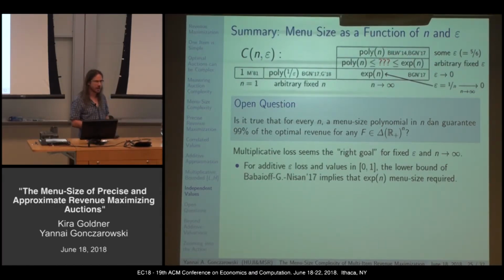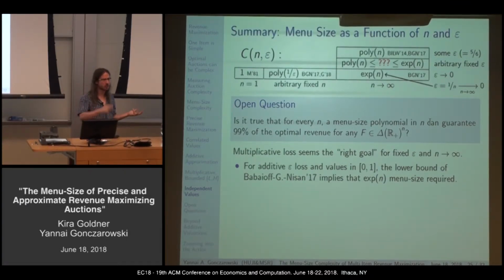Remember that we had a setting of n items, each of them 0 with probability 50%, 1 with probability 50%. And we said that to get a 1 over n fraction of the optimal revenue, you need exponential menu size. The optimal revenue there, we said, was n over 2. So to get a small enough constant fraction of the optimal revenue, you need exponential menu size.